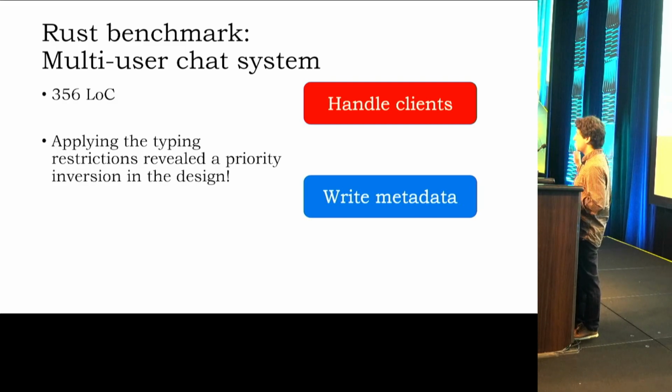So all of the client handling happens at high priority, but there are also some low priority threads that handle writing some metadata to the channels. Initially, we actually had more priorities going on, but as we were building this in our system, we realized that the typing restrictions that we had applied actually had revealed a bug in our initial design, which we fixed by condensing some of the priorities.